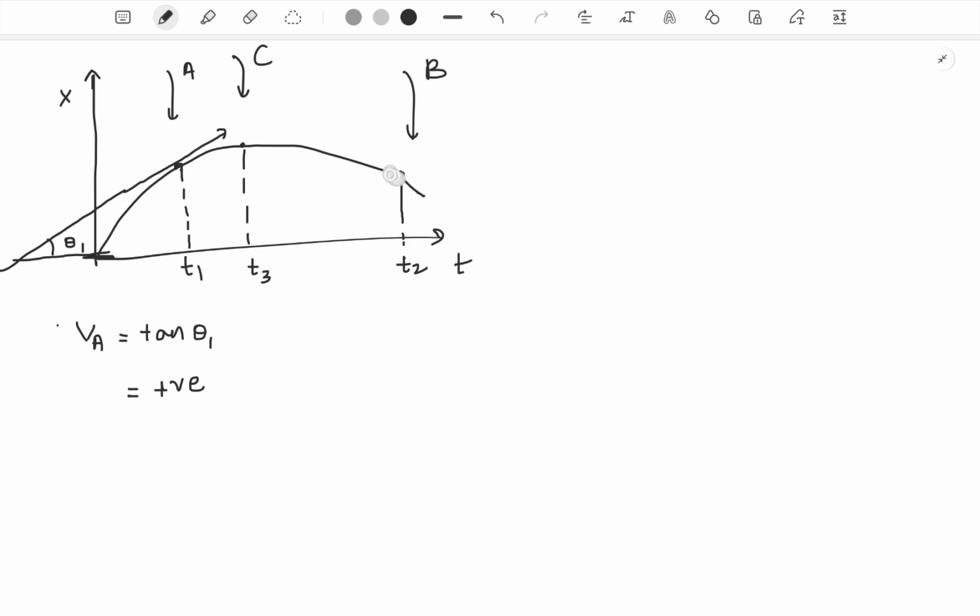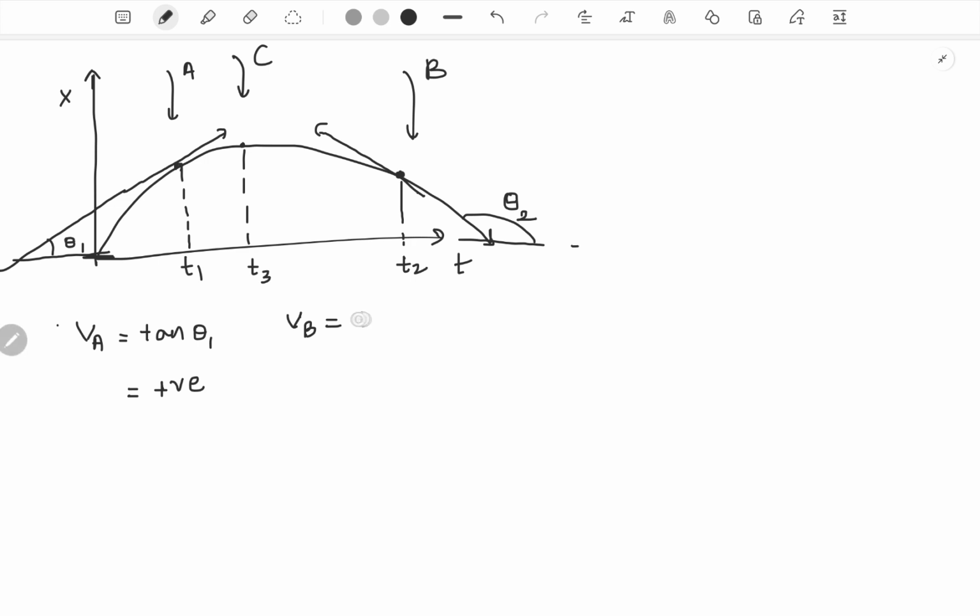Now look at point B. What can we conclude about the motion of the particle at time t2? For that, let's draw a tangent here. If you make a proper observation regarding the angle made by that tangent with the x-axis, that angle is obtuse. As we know, if the angle lies between 90 and 180 degrees, then tan of such an angle would be negative.